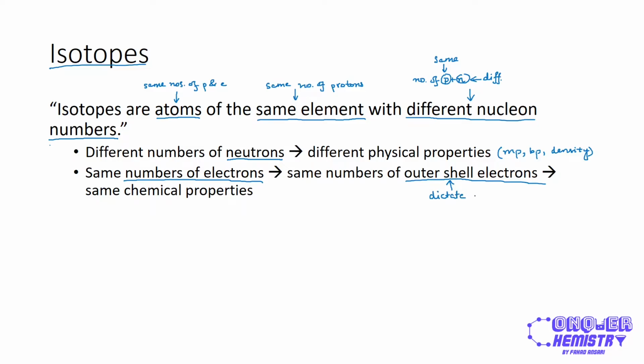In other words, they dictate the behavior of these isotopes in their chemical reactions. So because isotopes have the same total number of electrons, they have the same arrangement of electrons, so the same number of electrons in the outer shell, which dictates their behavior in reactions. Because of that, they have the same chemical properties and behave the same way in chemical reactions.